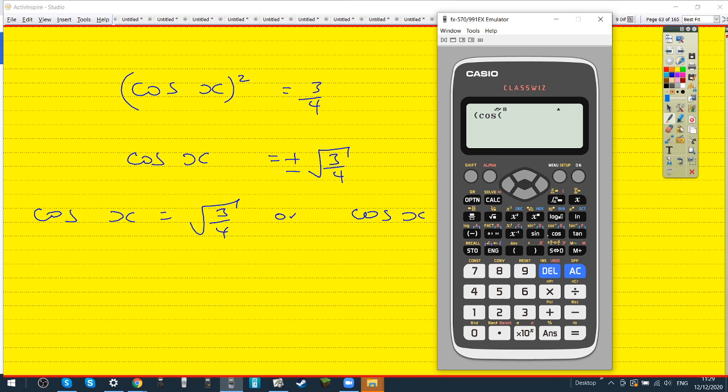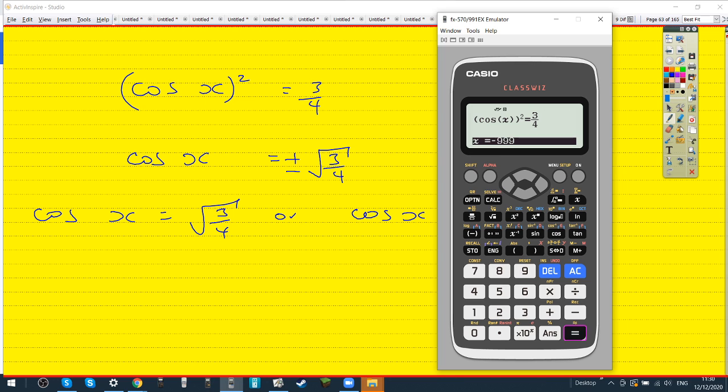Bracket cos x. So one of the limitations of the solver, and actually it's not a limitation of the graphical one. The graphical one gets them all, I think. Alpha equals 3/4. Shift solve. When we choose that one, we get 30. But what if I was to choose minus 999?